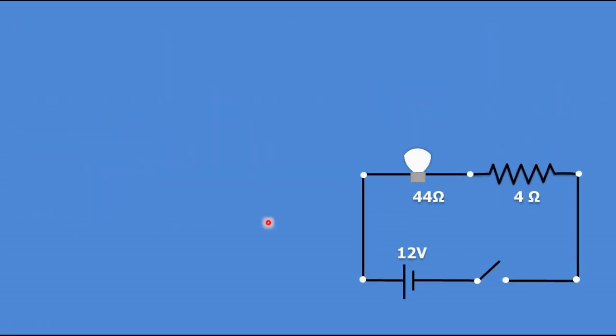Now let us draw the circuit. Here an electric lamp of 44 ohm is connected in series with a conductor of 4 ohm resistance to a 12 volt battery.